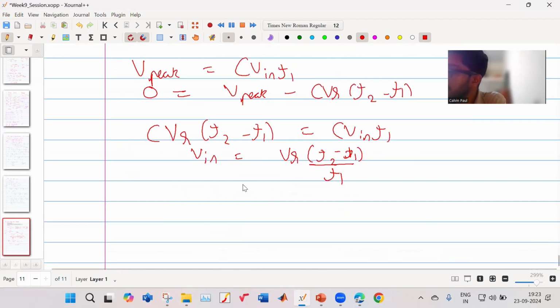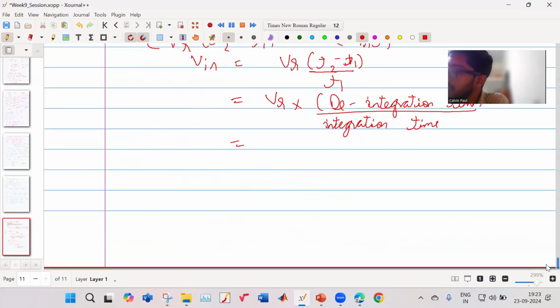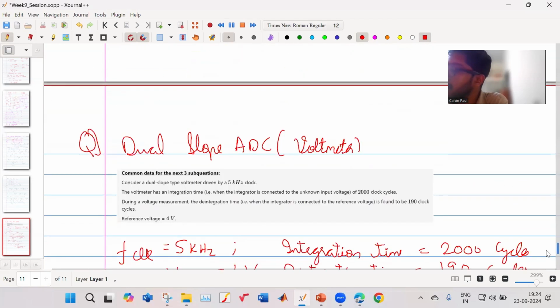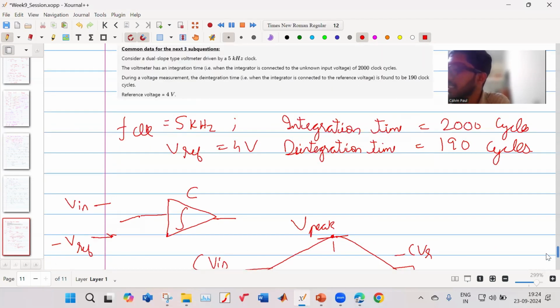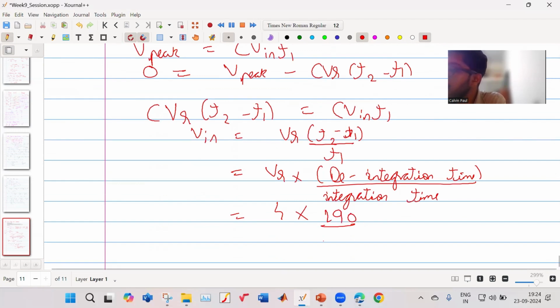So this is actually Vr into your de-integration time upon your integration time. So what is your Vr? It is 4 into, what is your de-integration time? 190 cycles, and your integration time is 2000 cycles. That is equal to 4 into 190 upon 2000.